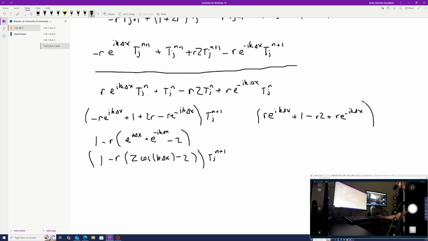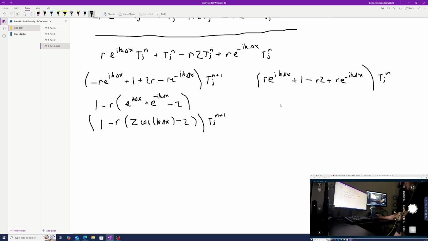This is all multiplied by our tjn. And then this time we don't need to pull out a minus r, so we will pull out positive r and move our 1. So we have 1 plus r times e to the i k delta x plus e to the negative i k delta x, then minus 2, which is all multiplied by tjn.